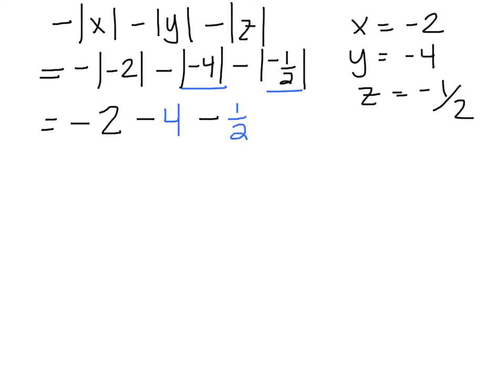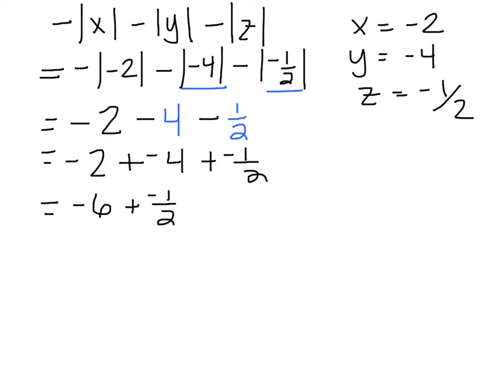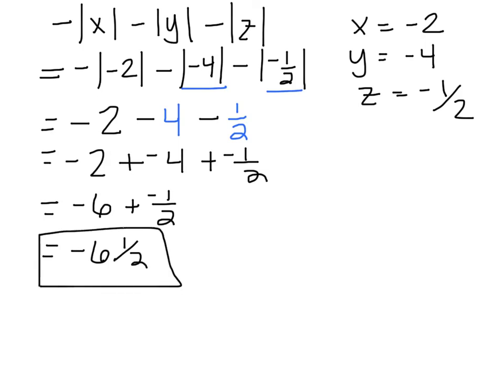So now I'm going to go back through, and I'm going to write it showing that I don't subtract in algebra. I add the opposites. And a negative 2 and a negative 4 is a negative 6, and I'm adding a negative half to it. So I have a negative 6.5, and you can leave it like that, and that's totally fine.